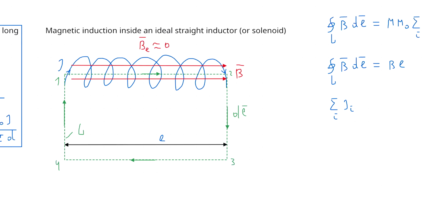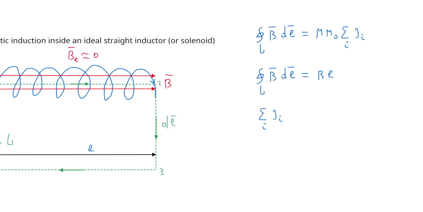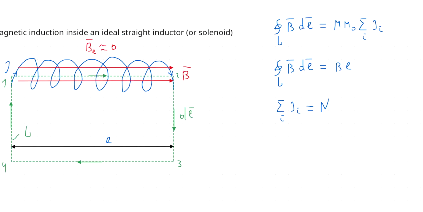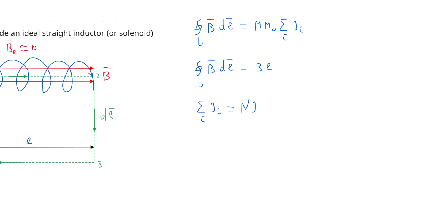It will be the number of coils per distance L multiplied by electric current. And this number of coils is equal to the number of coils per unit of length multiplied by L, and the electric current will still be here.